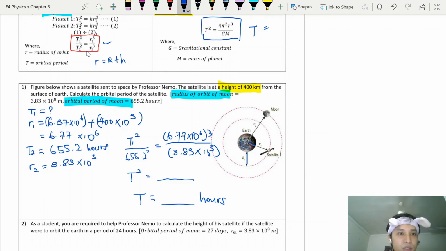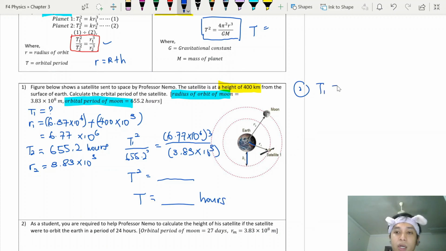In this case, when you use the formula here, it's not necessary for you to change into seconds. Just make sure that if two times are given, so let's say, for example, this is another type of question.